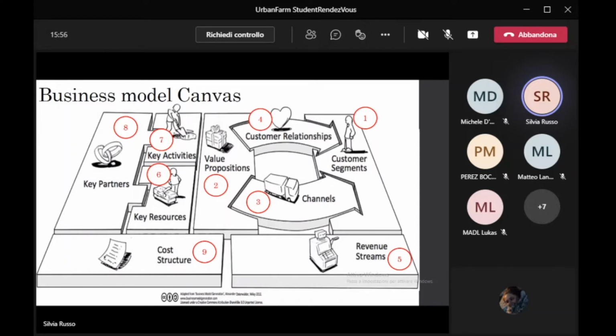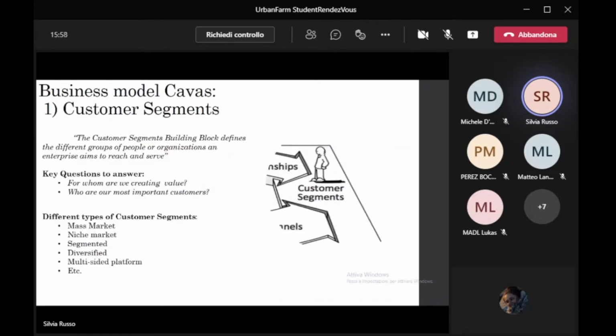So we start from customer segment. According to Osterwalder and Pigneur, the customer segment building block defines the different groups of people, organizations, and enterprises a company aims to reach and serve. For each building block, the authors propose key questions that can help in the definition of the block.